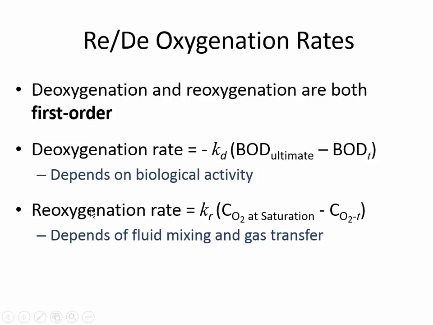Now for reoxygenation, there's also a difference here, a driving force. And the driving force is how far away you are from saturation. So if you're very far from saturation, that means the oxygen is going to be coming back into the river very quickly. But if you're very close to saturation concentration inside of the river, then the rate of reoxygenation is slower.